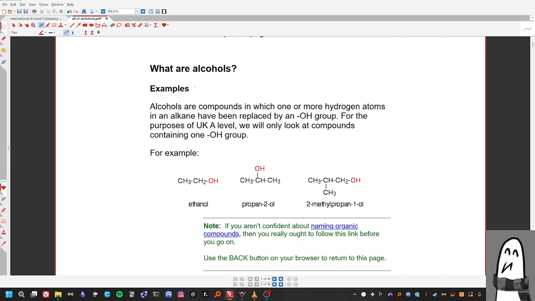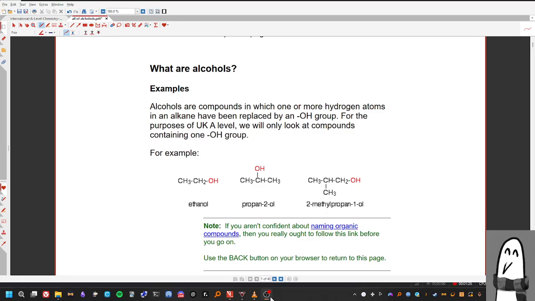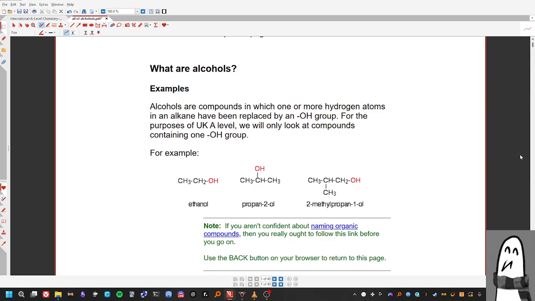So what are alcohols? Alcohols are compounds in which one or more hydrogen atoms in an alkane have been replaced with an OH group.